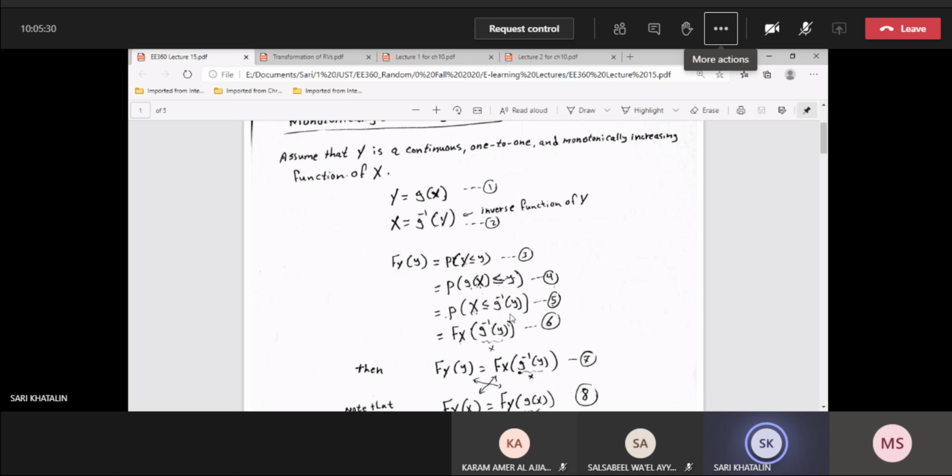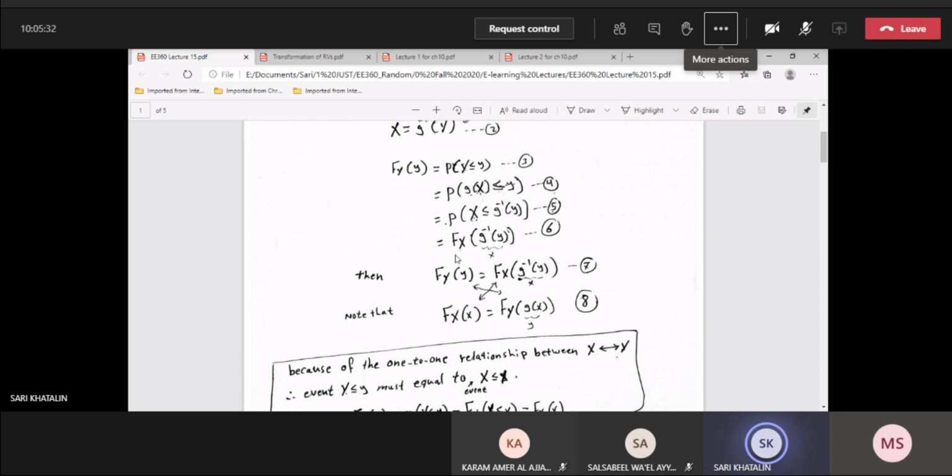So these are the relationships. Now at the end, the main thing is that F_Y, which is the CDF of y, is equal to F_X, the CDF of the inverse function of y, which is x, small x, similarly as in equation 8.